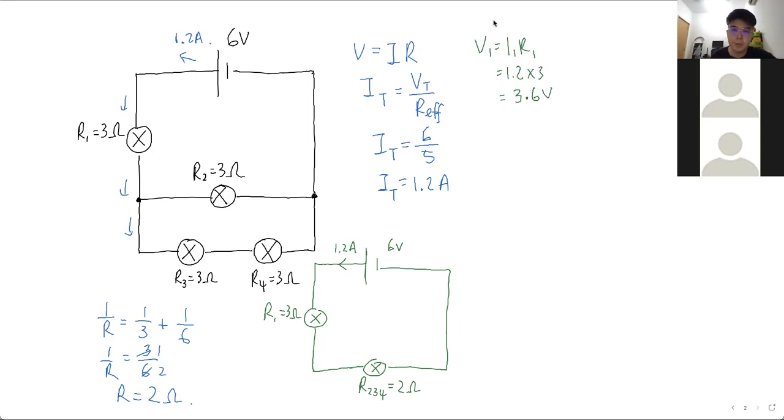Okay, V1 is 3.6 volt. Now V234? Because this is a series circuit, I can directly use 6 minus 3.6. So 6 minus 3.6, I get 2.4. This is 2.4 volt.